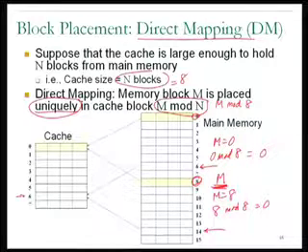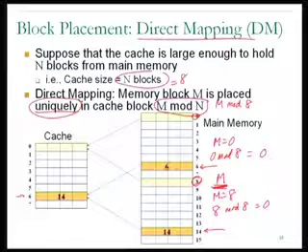Therefore, we know that between main memory block 6 and 14, only one could be present in cache at a time. So it could be that right now main memory block 6 is present in the cache, in which case the cache would look like what we have on the screen. Whereas after this, if main memory block 14 enters the cache, then the cache would look like this, because both main memory block 6 and main memory block 14 map to cache block 6.